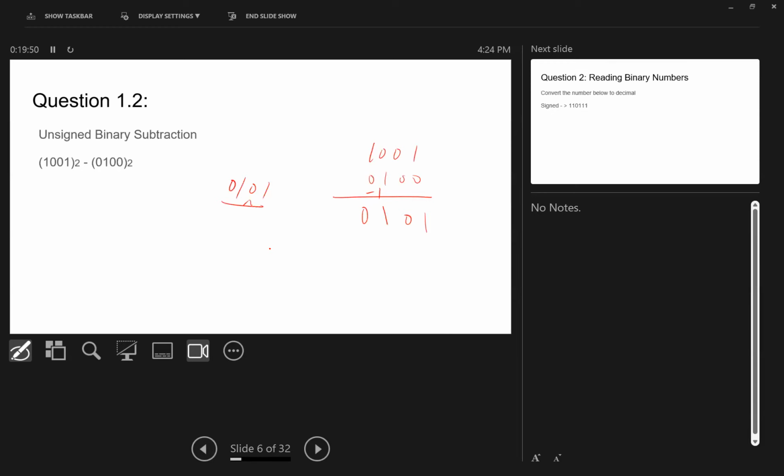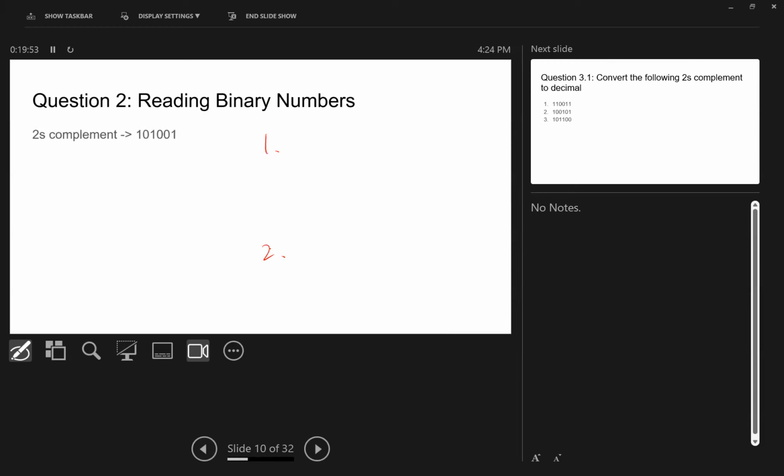So what we do for twos complement: first we flip all bits and then we add 1, right? That's how we transform a positive twos complement number to its negative version, right? So actually we just do the reverse way. First, we subtract 1 from this number.